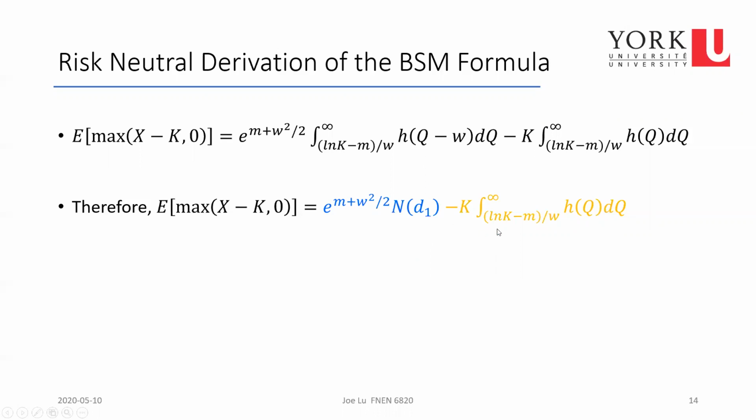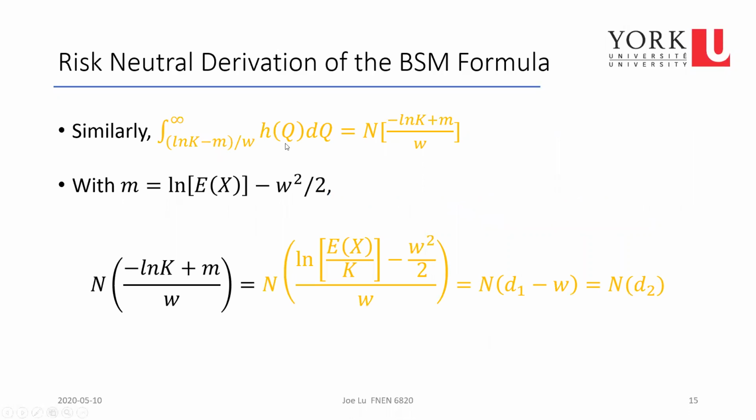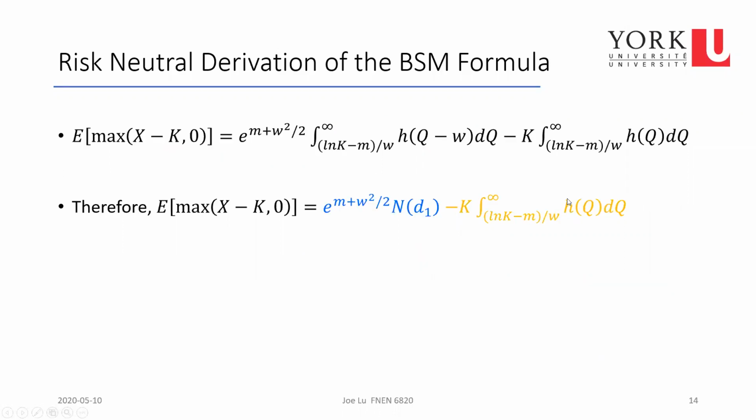Now we have this part that we need to figure out, and also this yellow part as well. So for the yellow part, it's actually very simple because if we're integrating a particular thing, right? You're integrating the probability density function, standard normal probability density function.